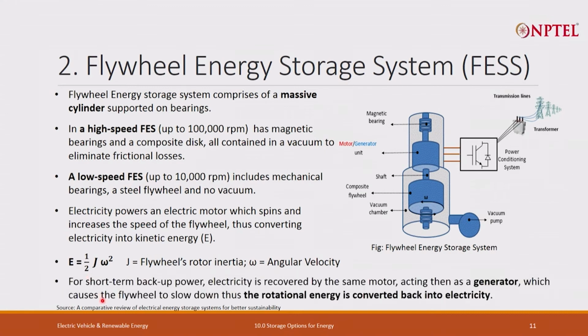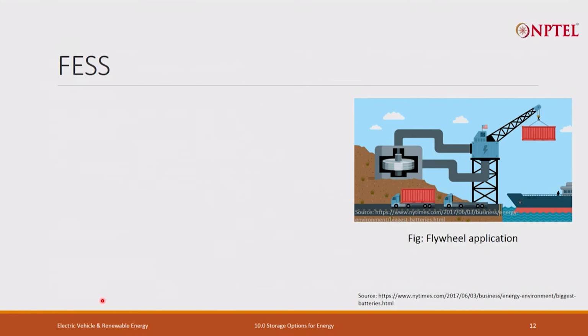For short term backup, especially frequency regulation, it's a very nice energy storage device. But for longer time, yes, it doesn't work well. For a couple of minutes maximum you can utilize this type of energy storage. Another example of flywheel energy storage is like picking up something using a crane.